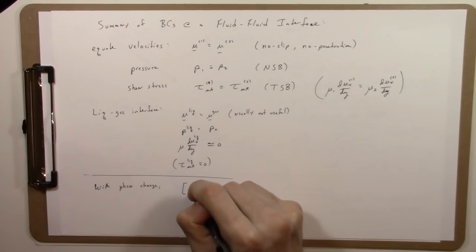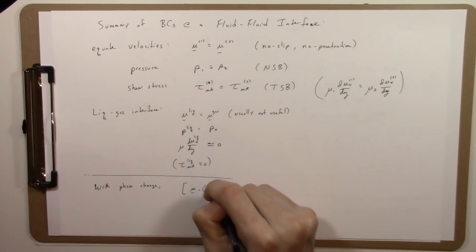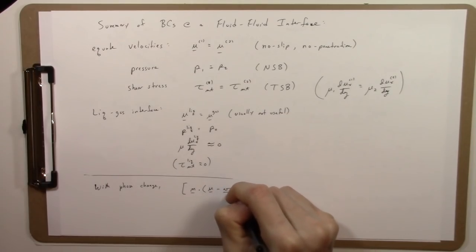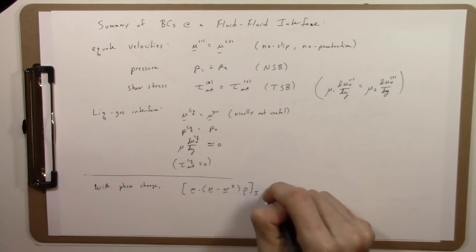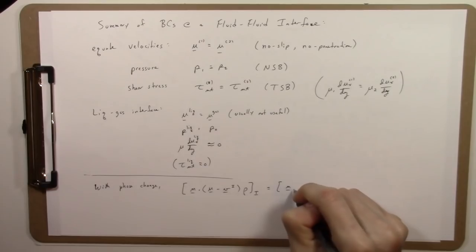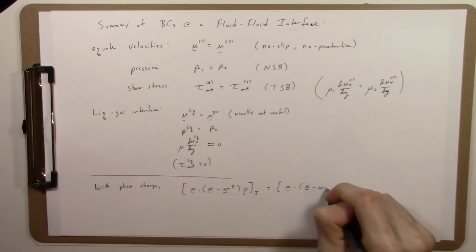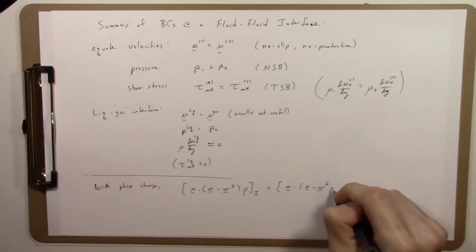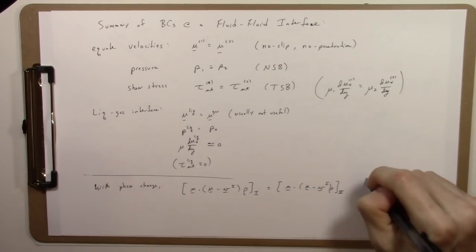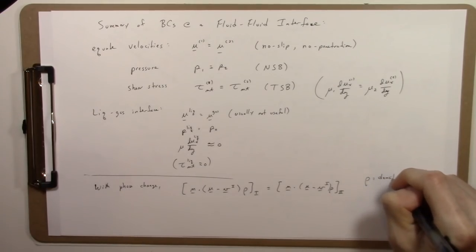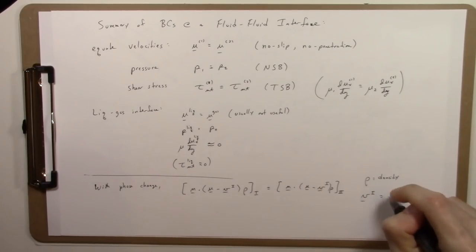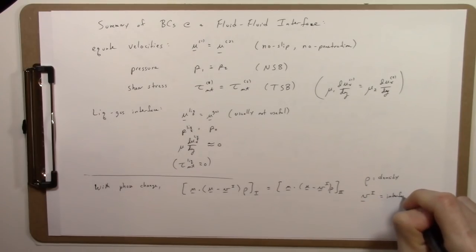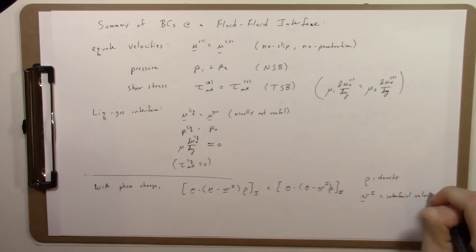It becomes n dotted with (u minus V_I), where V_I is the interfacial velocity, times rho in phase 1 is equal to n dotted with (u minus V_I) times rho in phase 2. Rho is the density of the fluid in either phase 1 or phase 2. V_I is equal to the interfacial velocity.